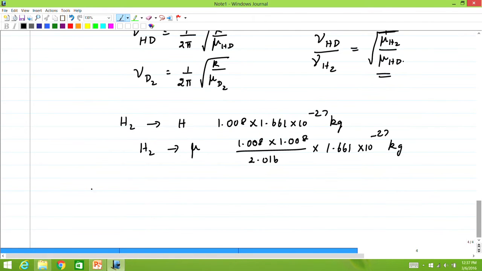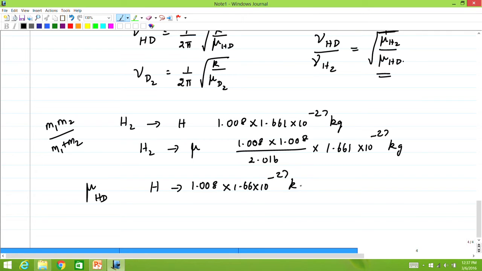And likewise, for the mu of HD, please remember the relation is m1 m2 by m1 plus m2. So, for mu of HD, the D mass is I believe 2.014. So H is 1.008 times 1.661 times 10 to the minus 27 kilograms, and the D is 2.014 times 1.661 times 10 to the minus 27 kilograms.